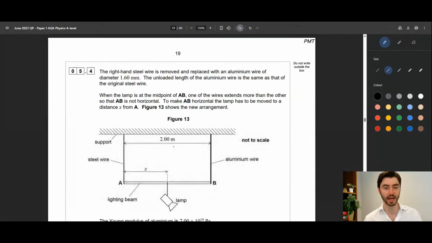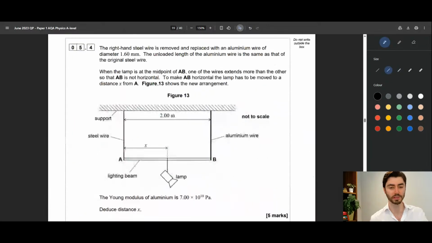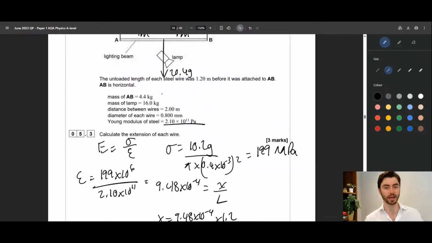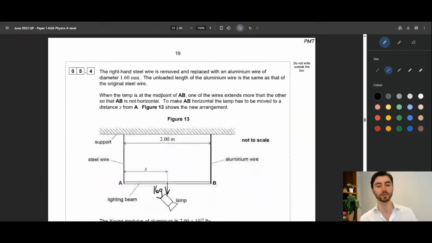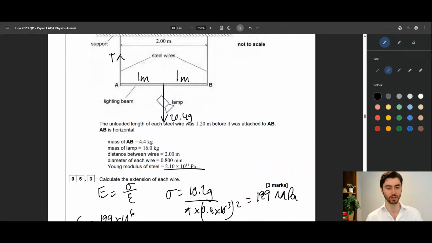So now we're going to have the mass of the lamp, which is 16, so 16g, acting at x. And let's also think about this. The Young's modulus of aluminium is 7 times 10 to the 10, so that's a lot less.